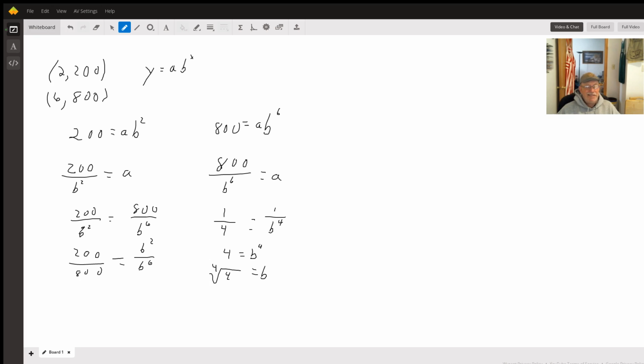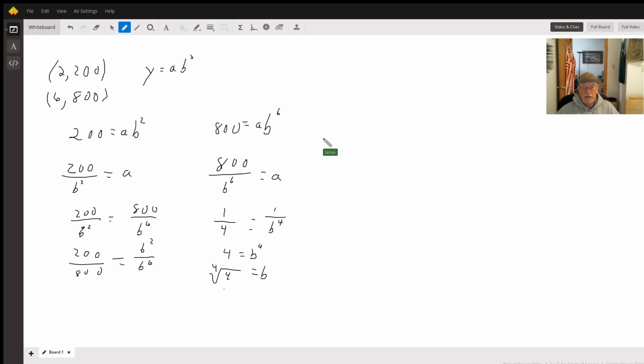Now, we could rewrite that because 4 is the same thing as 2 squared. And that would give us, if I simplified that, that b equals the square root of 2. And we can do that. Let's work it all out.